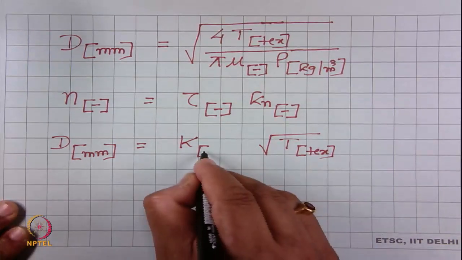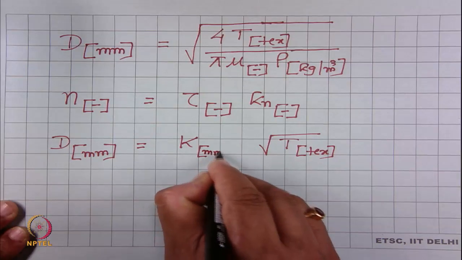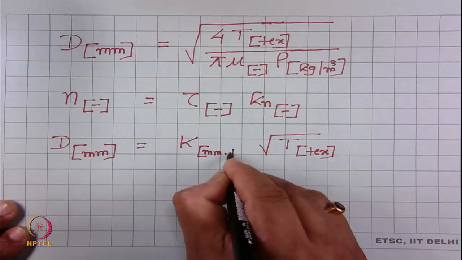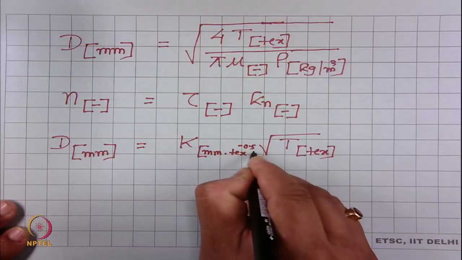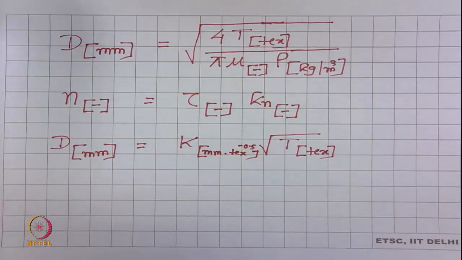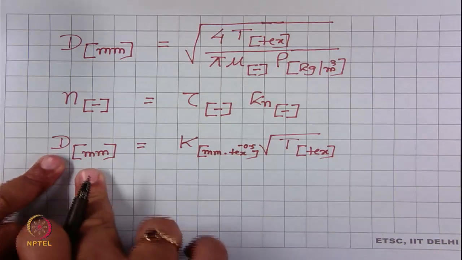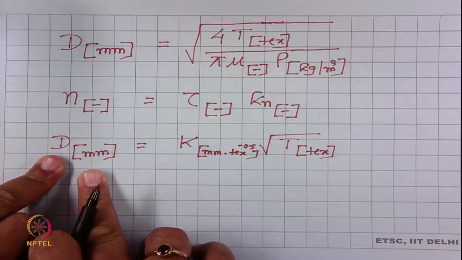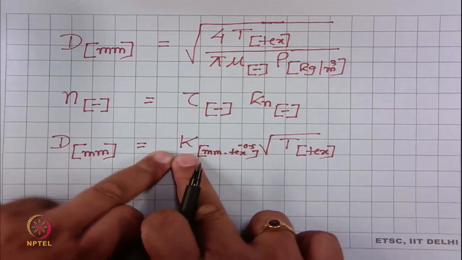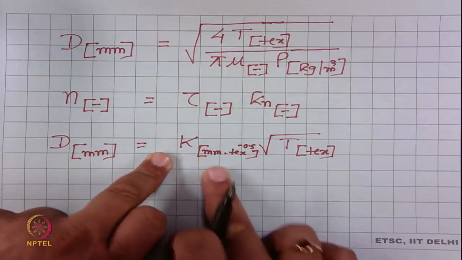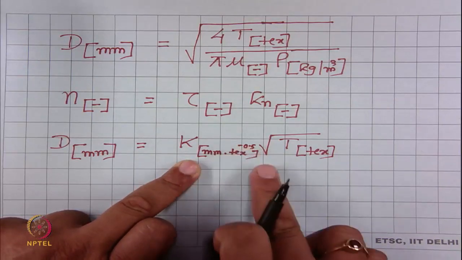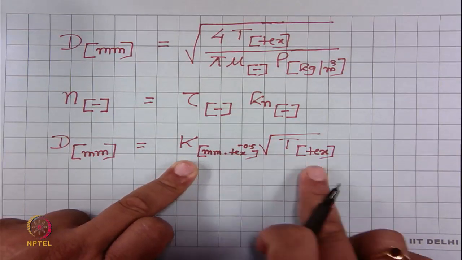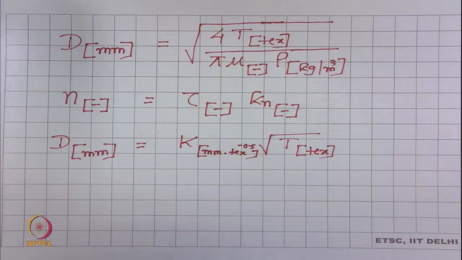So, what will be the unit? Millimeter into Tex to the power minus 0.5. Right. So, yarn diameter in millimeter, coefficient of yarn diameter K, unit is millimeter into Tex to the power minus half, into root over T, T is yarn count in Tex. Okay.